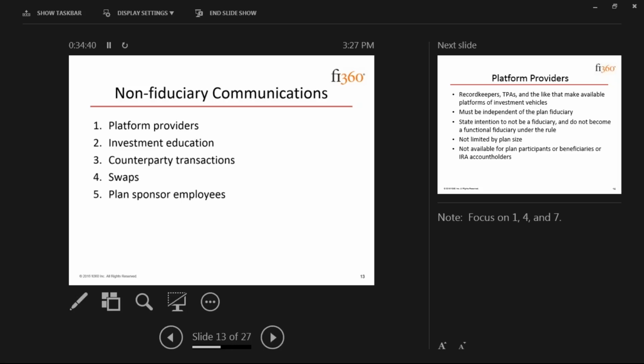So those are going to be considered non-fiduciary communications. HR employees are not going to need to be worried about being deemed a fiduciary if someone happens to complain.